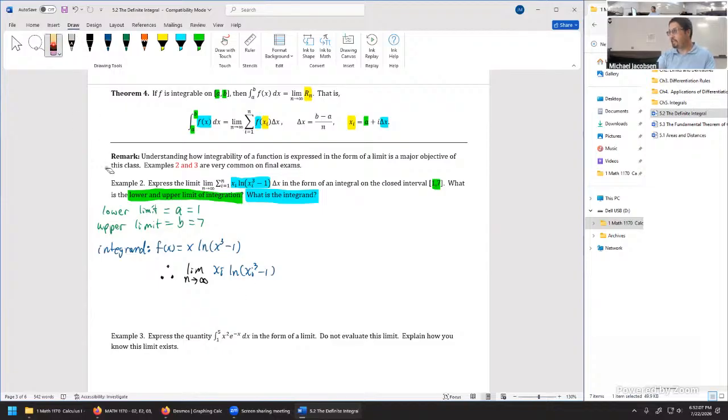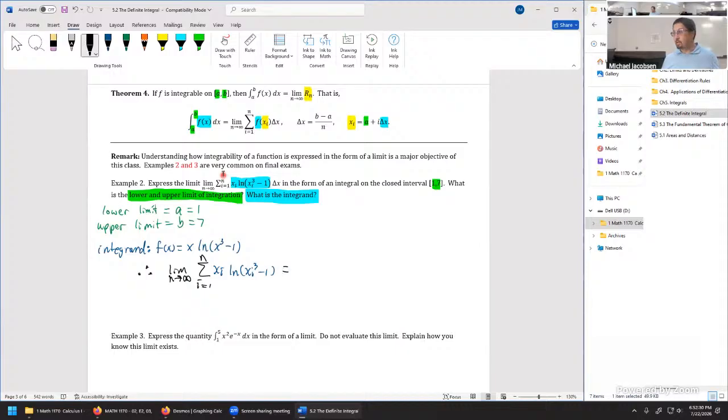Hang on, I forgot one big thing there. I need a summation. Let me see if I can squeeze it in front. Summation as i goes from 1 to n. It's not a Riemann sum unless we're saying add up a bunch of things. So there's the summation symbol. Now it's a limit of Riemann sums. We threw in the limit. But all I'm attempting to do is just copy that part down right there.